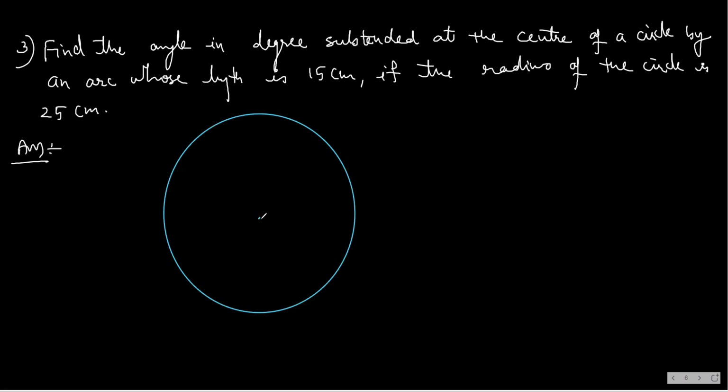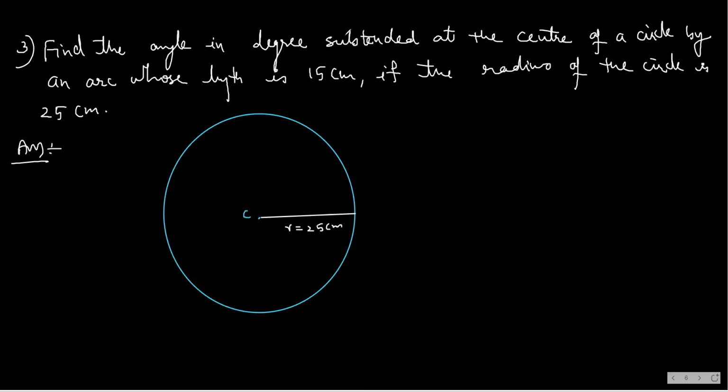So here we have the center of the circle somewhere. For this circle, they give the radius as 25 centimeters. So I write r equals 25 centimeters.